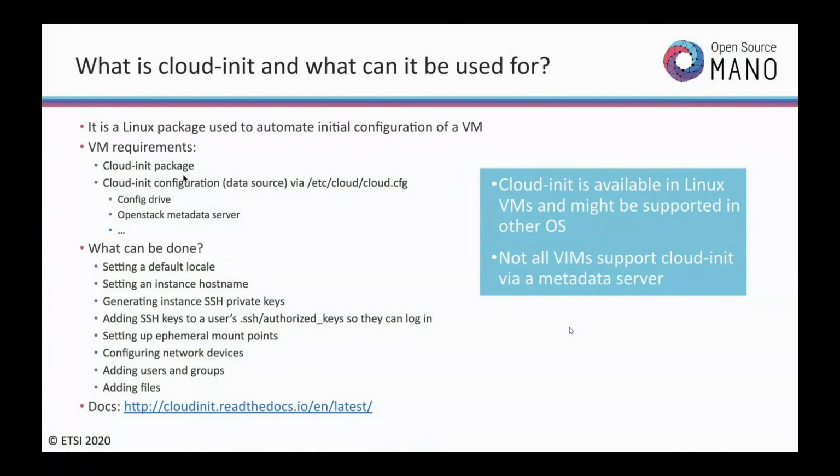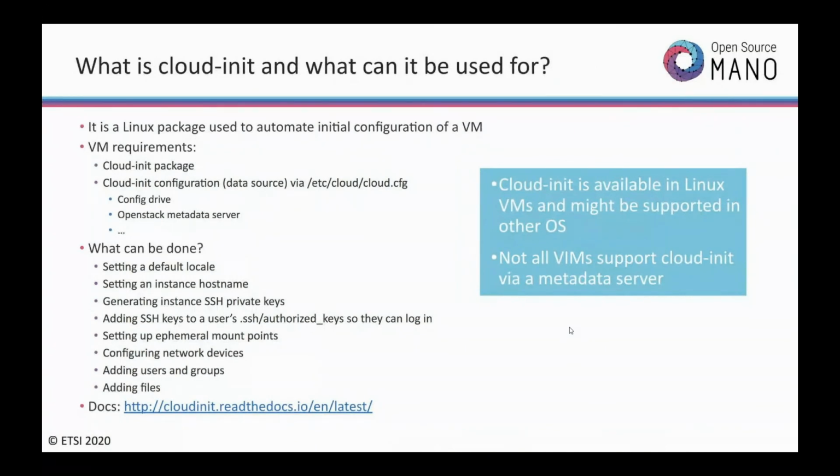The way you can populate this cloud-init configuration in OpenStack, for example, is by using a config drive or the OpenStack metadata server. If you are in a public cloud, there is also going to be a service available, which is a well-known service running in a well-known IP address for the VM to gather the information that the cloud wants to inject.